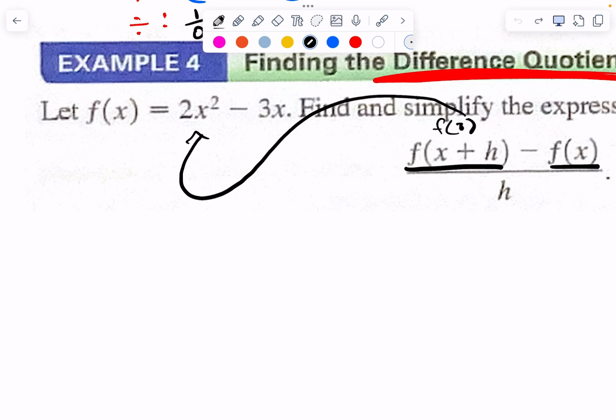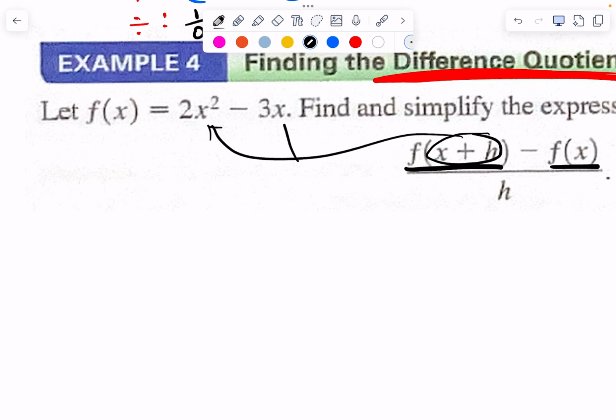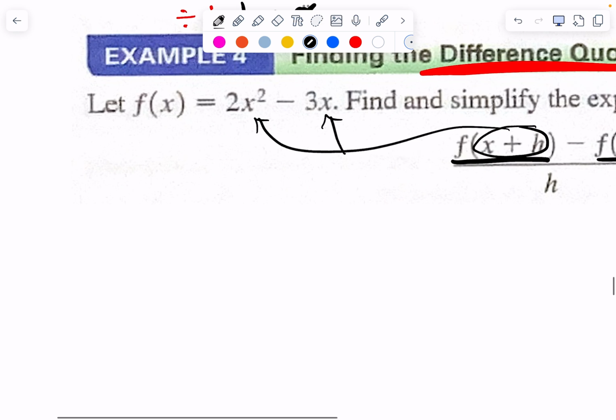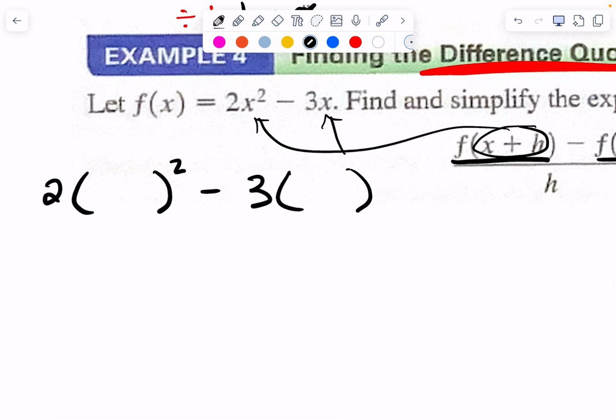But the fact that it says f of x plus h just means you take x plus h and you plug x plus h in there and there, right? So that's going to be kind of a mess. I'm just going to start 2 times x squared minus 3x. I'm just putting x plus h in place of those x's. Got it? Like I would if it was a number that I was plugging in.